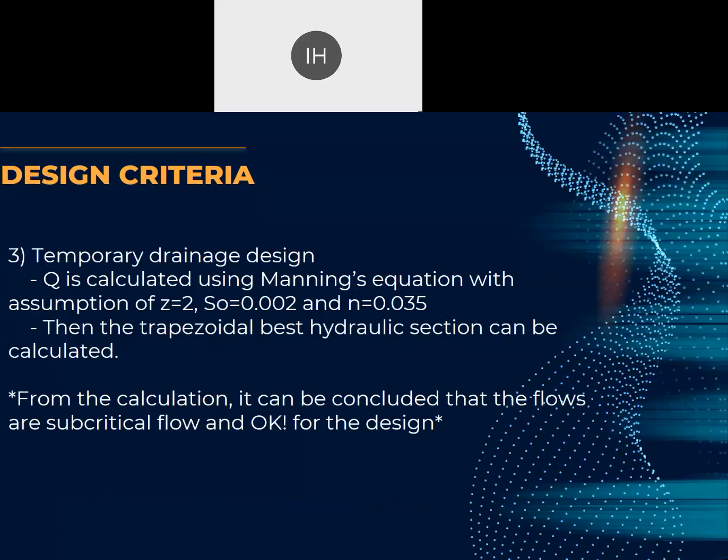Third, temporary drainage design. Q is calculated by using the Manning equation with the assumption Z equals 2, So equals 0.002 and N equals 0.035. Then the trapezoidal hydraulic section can be calculated. From the calculation, it can be concluded that the flows are subcritical flow and okay for the design.